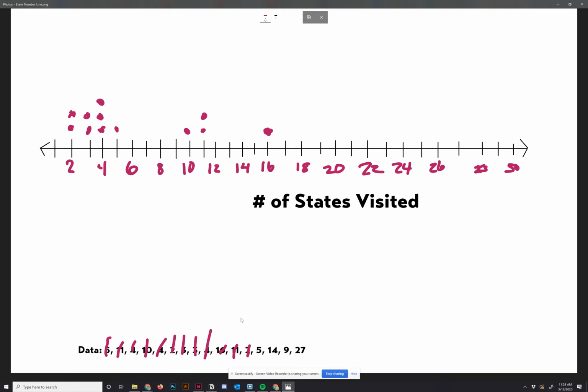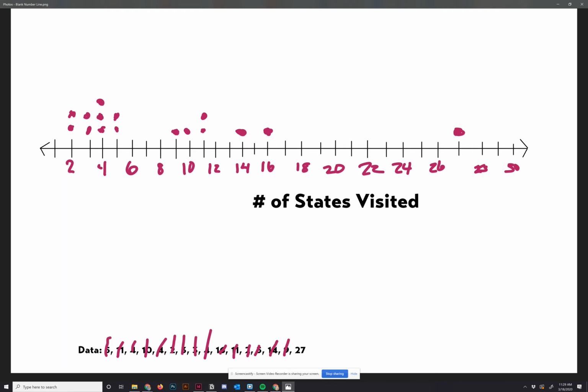Then a 5. When I was in 6th grade, I had not visited 27 states yet. I probably had visited around 10, 14, going up to 14. Then 9, and last but not least, 27.